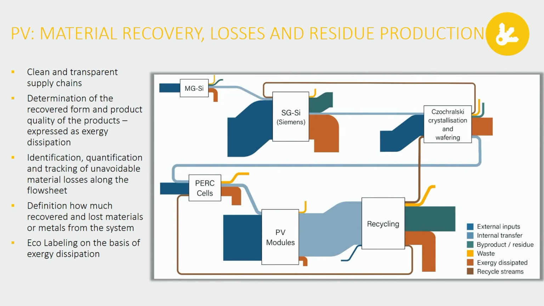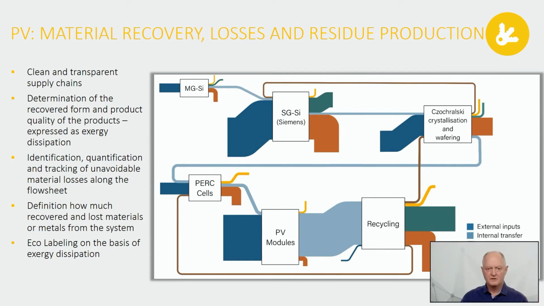Just as a quick result from this, and this is interesting for you to see, once again you can read the sheets at your own leisure, but these orange flows in the Sankey diagram are really the exergetic dissipation of that system. It's gone.